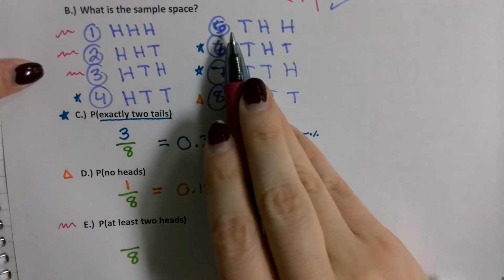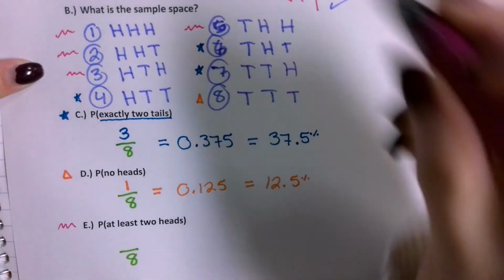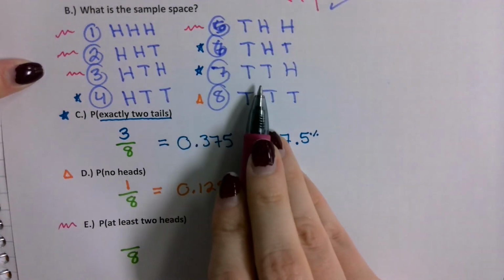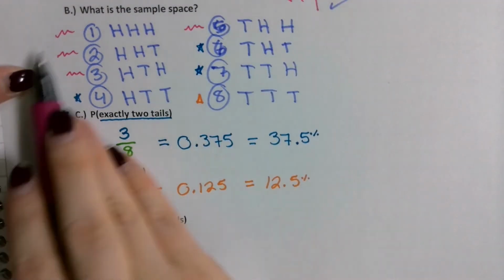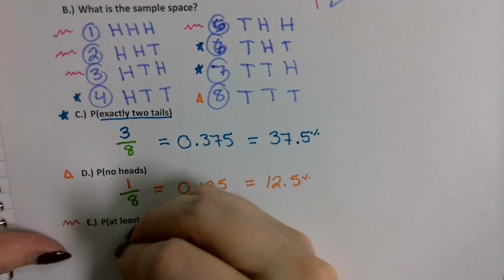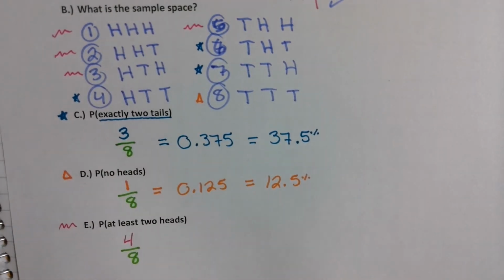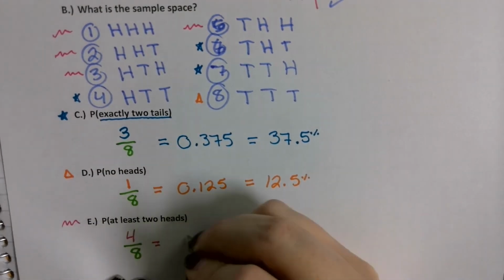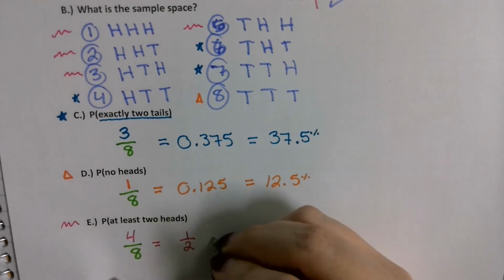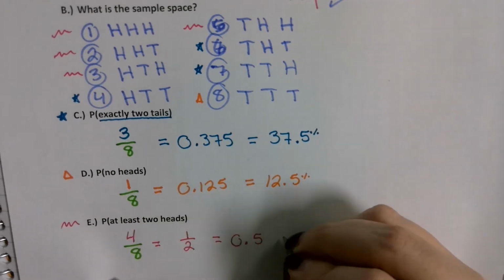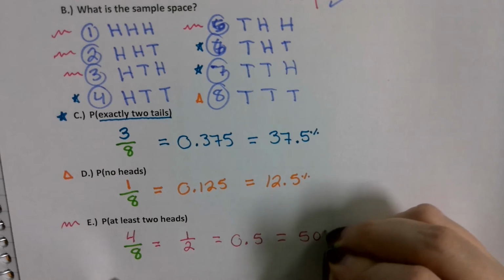No. 5? 6? 7? 8. How many of them? 4 out of 8. Can that be simplified? Yes. That simplifies to 1/2, which is 0.5, which is 50%.